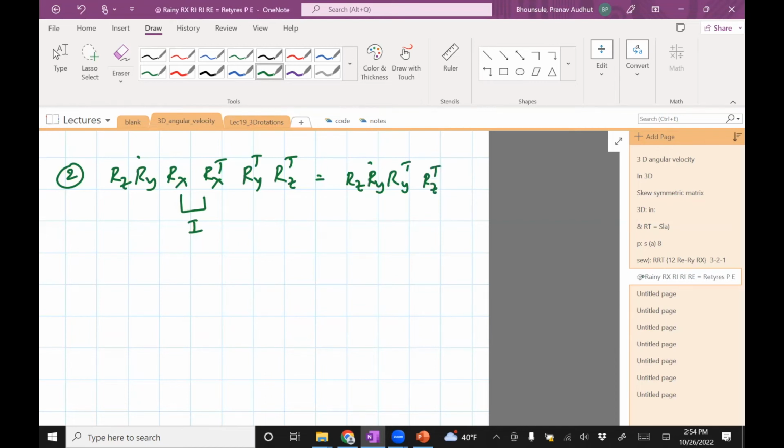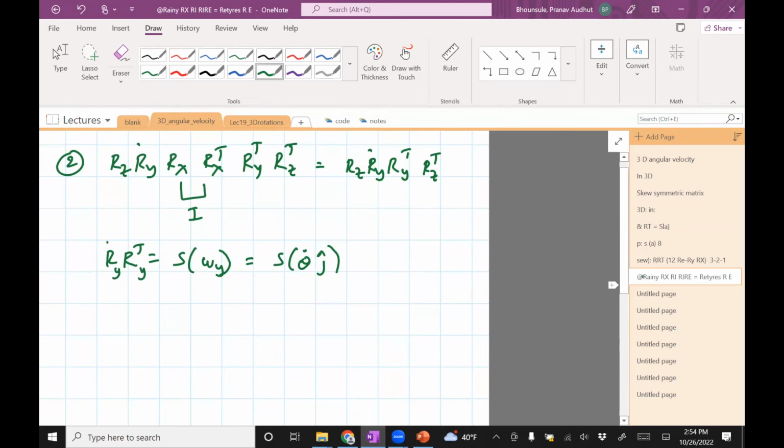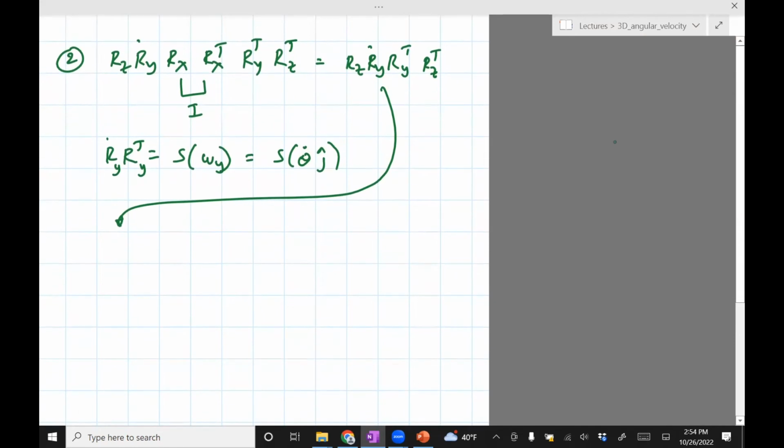Now, one thing you would remember is that R dot Y R transpose is nothing but S of the corresponding omega Y. So the rotation about the Y axis is going to be theta dot J. So I can write from here RZ S of theta dot J RZ transpose.